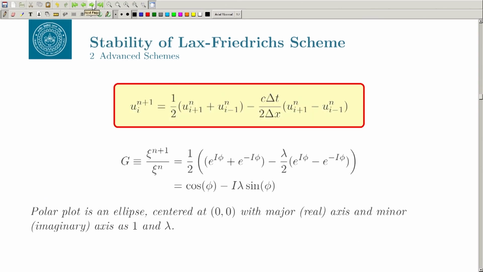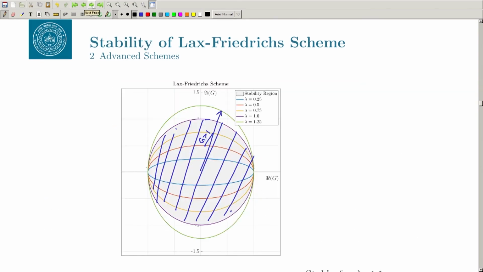In the next class, we will look at some more schemes, like the leapfrog scheme and a very important scheme, the Lax-Wendroff scheme.